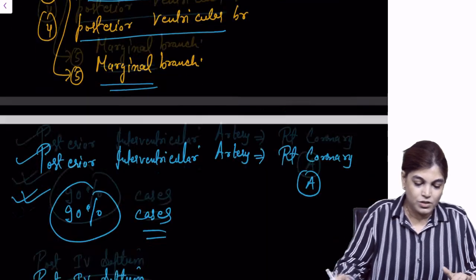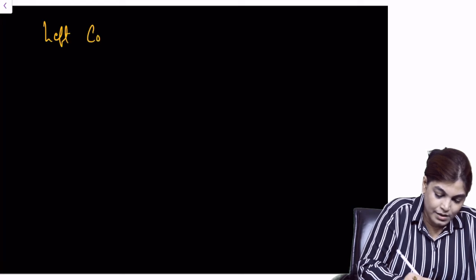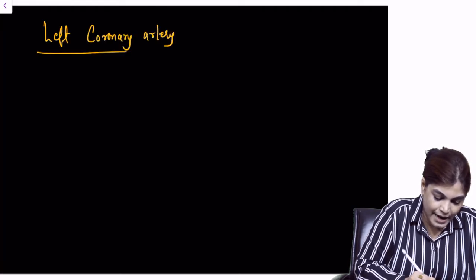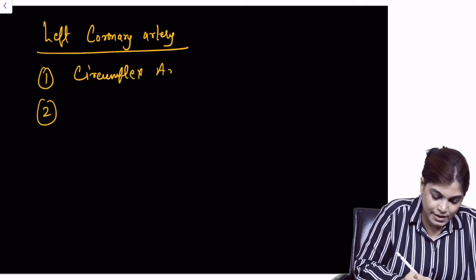Now, moving to the branches of the left coronary artery. The important branches of the left coronary artery are the circumflex and the LAD artery. What do you mean by LAD?